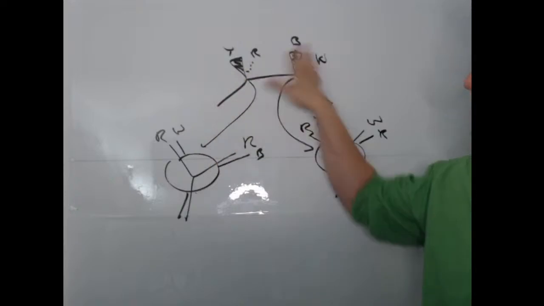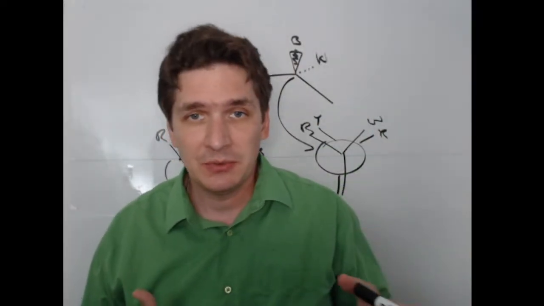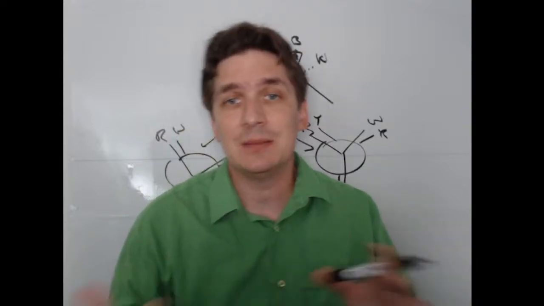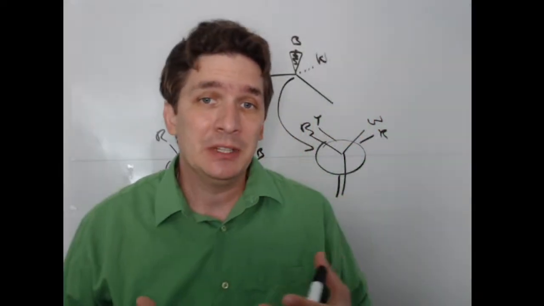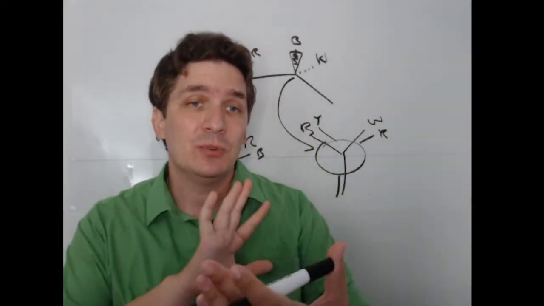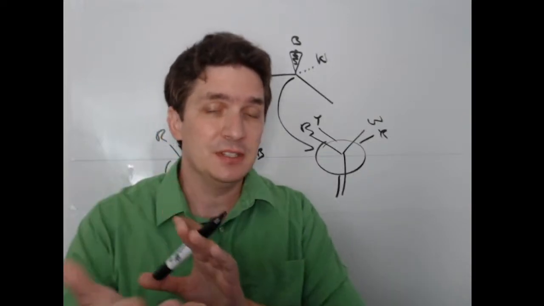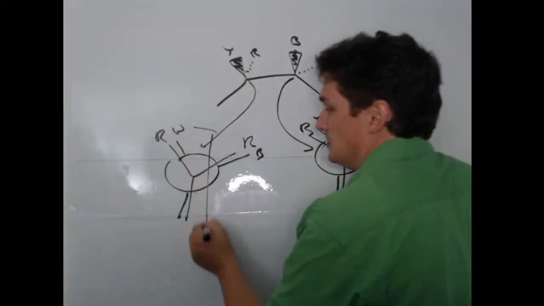If this is the front atom, all the dashes are on the right. The nice thing is that wedges and dashes always appear on the same side. They'll appear all on the right side, or all on the left side, depending on how you turn the molecule. The reason wedges and dashes don't really have an implication on left and right is it's a matter of which way you have to turn the molecule in order to get that front atom front and center.